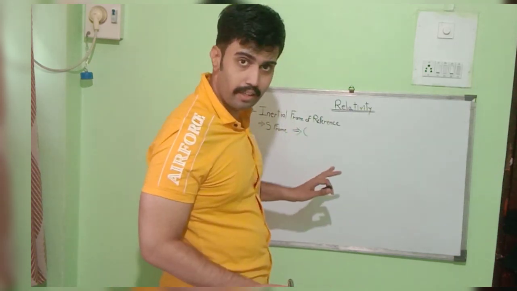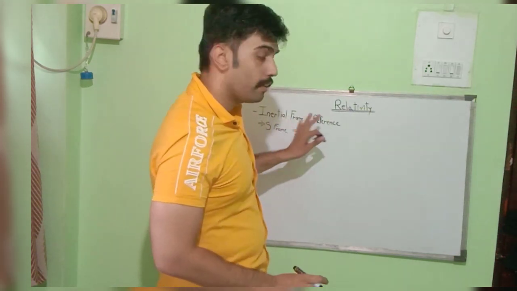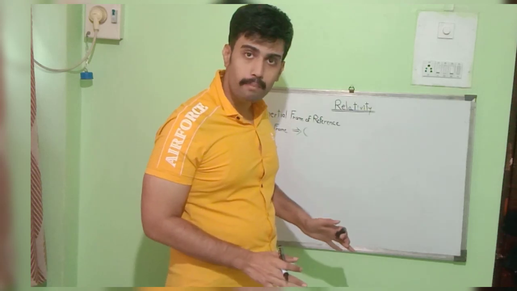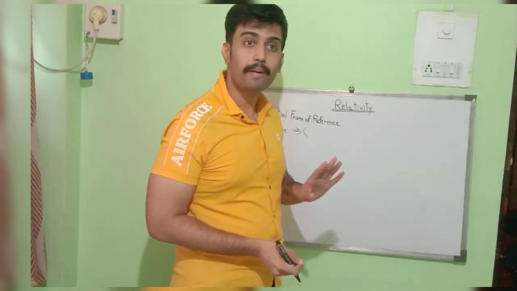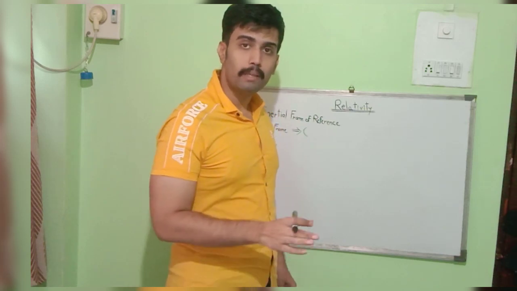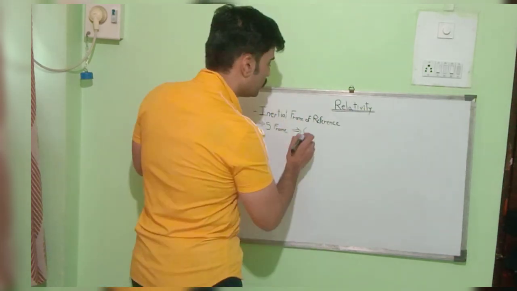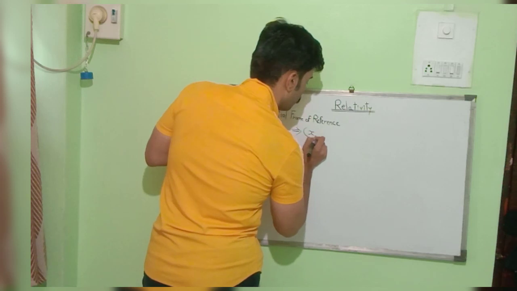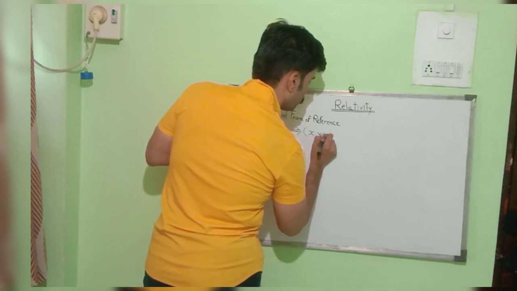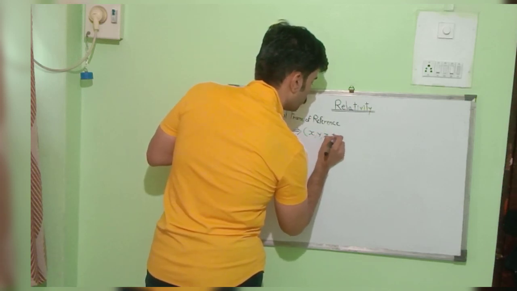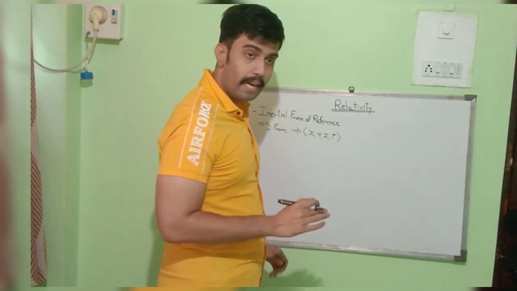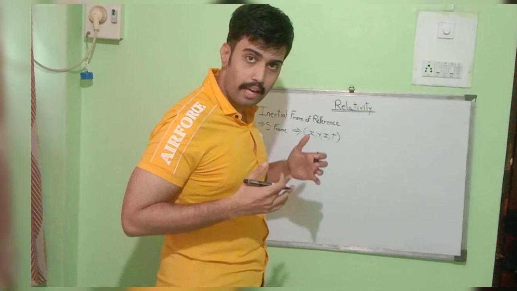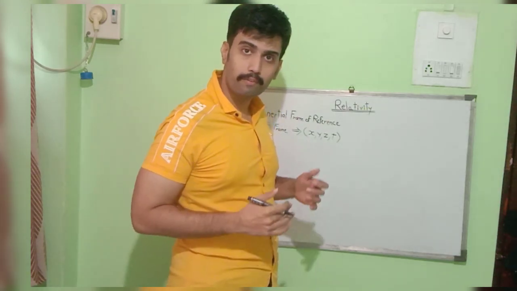In the same way, in a particular inertial frame, if you want to define the position of a person at a particular place and particular time, we use the place and time coordinates, which are x, y, z, t.